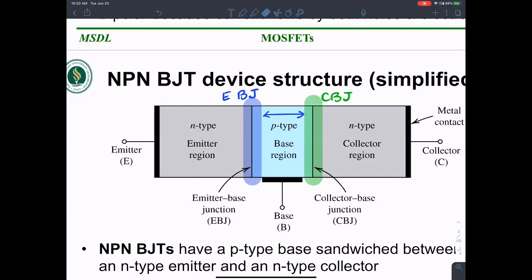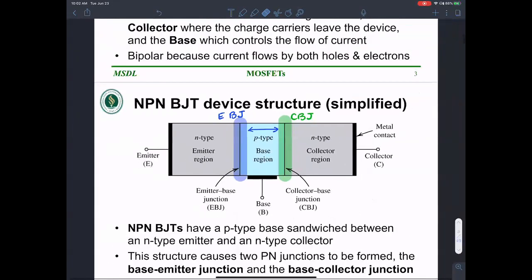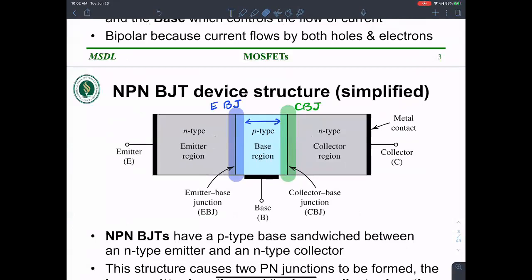So by that token, there are two diodes, and the BJT is all about controlling the interplay of these diodes: diode 1, which is the emitter base junction, and diode 2, the collector base junction, and how each of these is biased. If both of them are reverse biased, then my BJT is cut off.